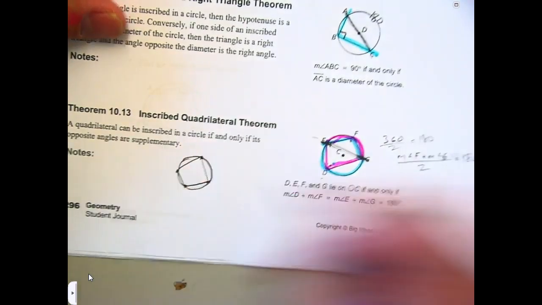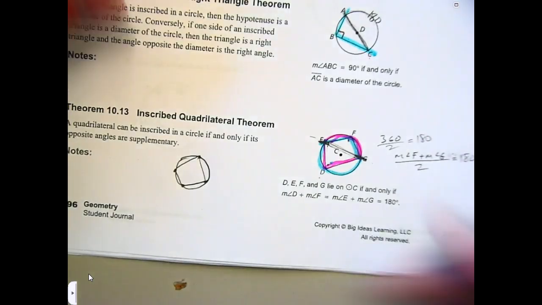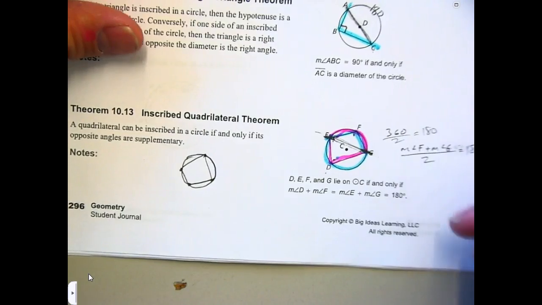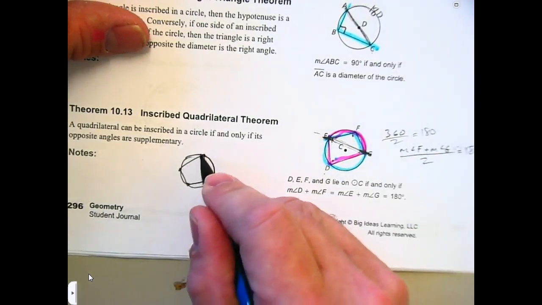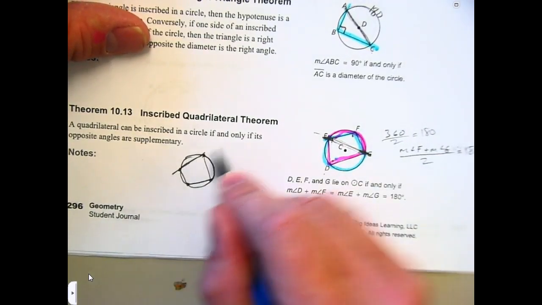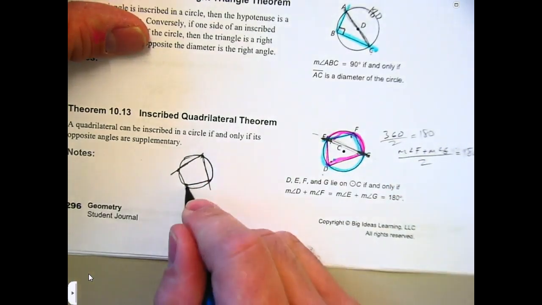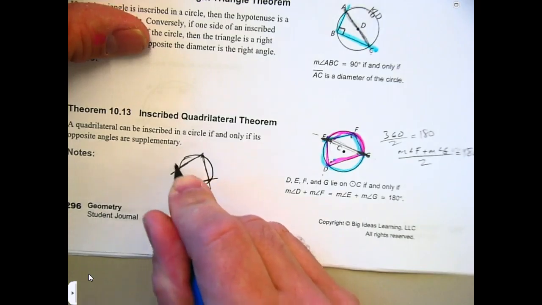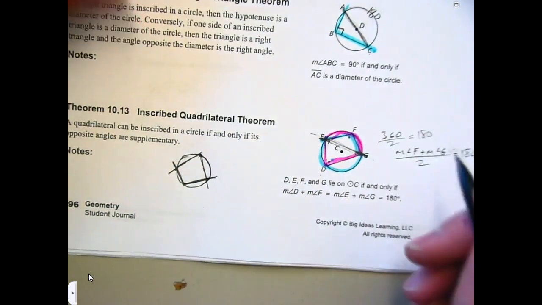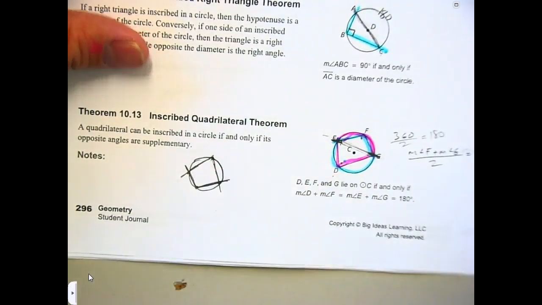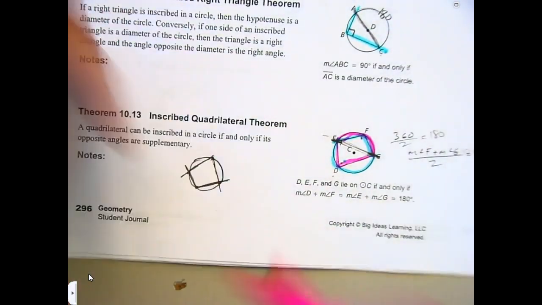Now I want you to trace out 2 angles that are opposite of each other. So when I say trace out, I mean like this. There's one angle. Here's the other angle. Is there any way of drawing a quadrilateral that would not take up the entire circle?